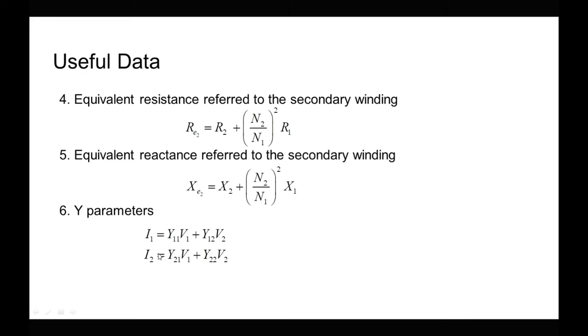Now a single phase transformer is an ideal example of a two-port network with the Y parameters expressed in terms of I1, V1, V2 and I2.